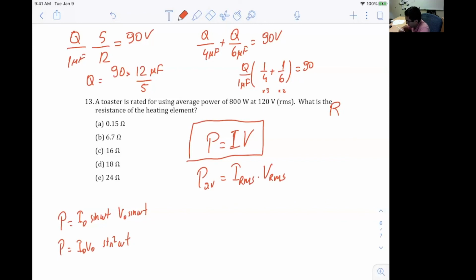But when we talk about the average power, P average, this is going to be half of the instantaneous power.